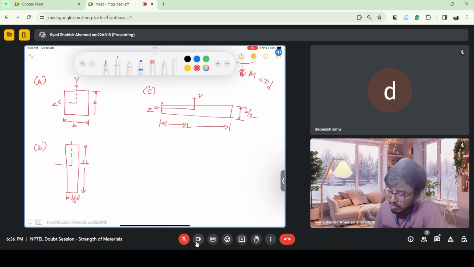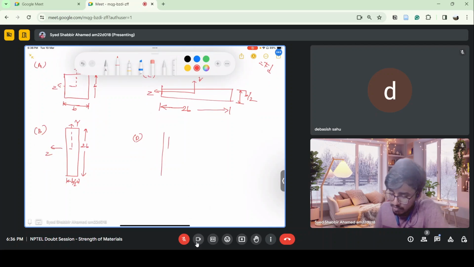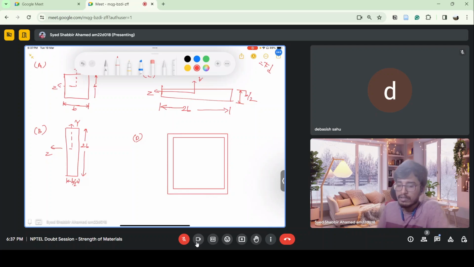This is also like axis z. Or if I have a box section, neglect that.